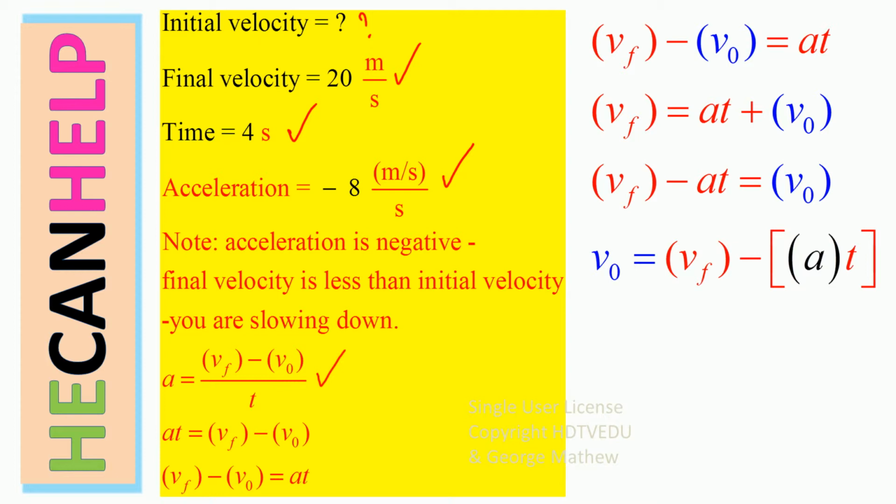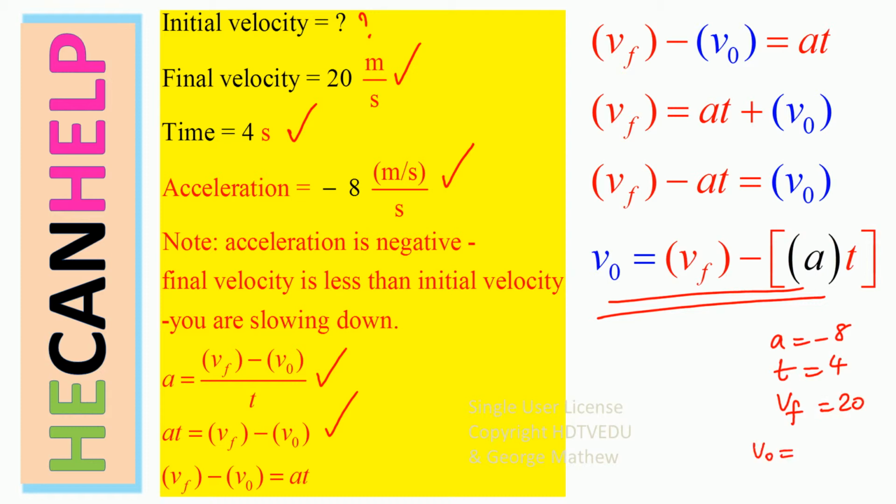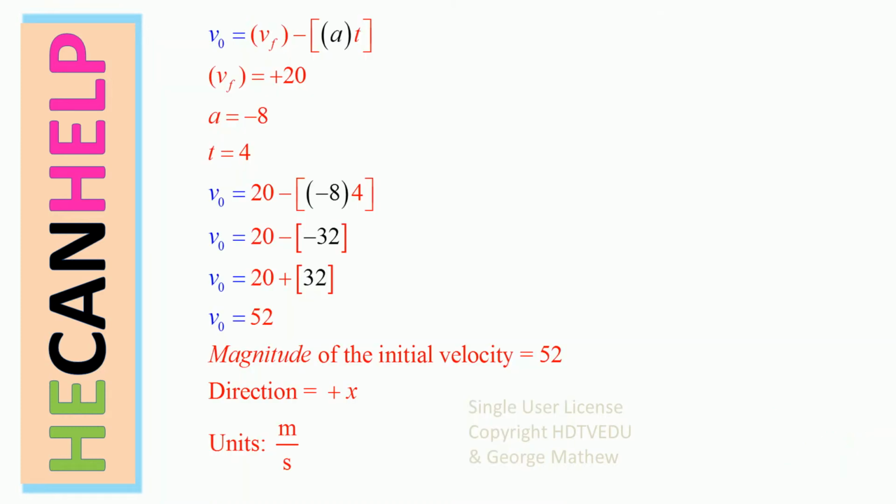Cross multiply: acceleration times time is equal to the change of velocity. Solve for v initial: v final minus at. Substitute v final, a, and t. A is equal to negative 8, t is equal to 4, and v final is positive 20. When you substitute all that, we get v initial is 52 meters per second.